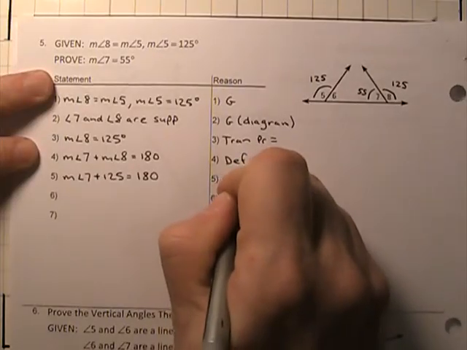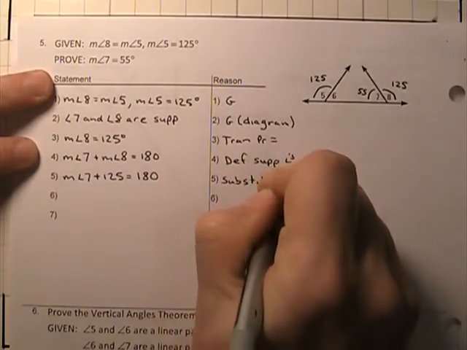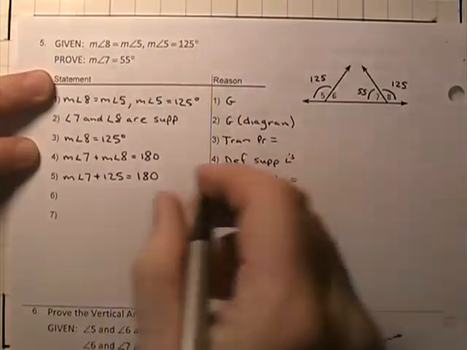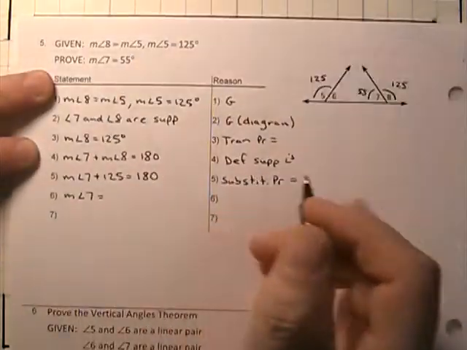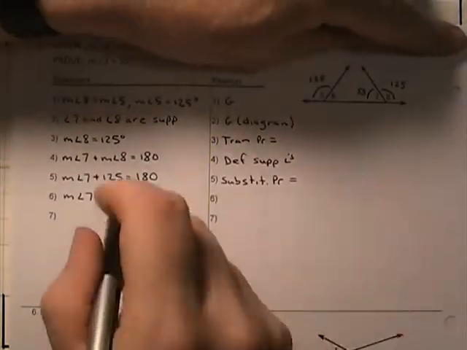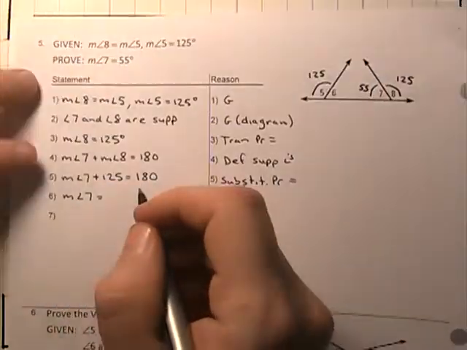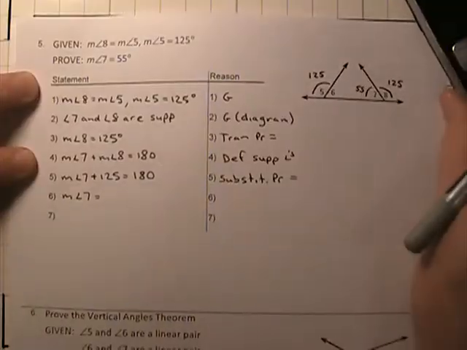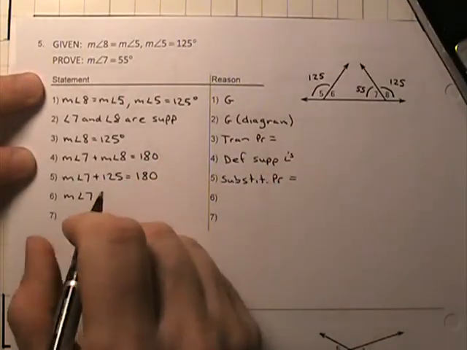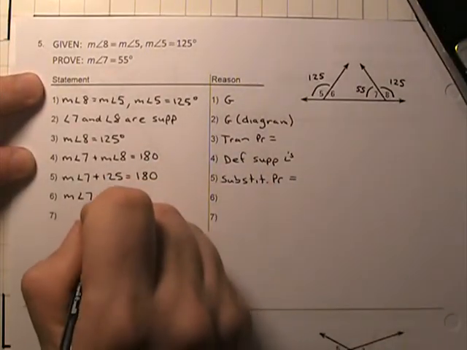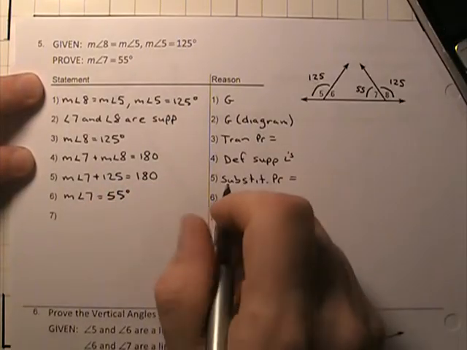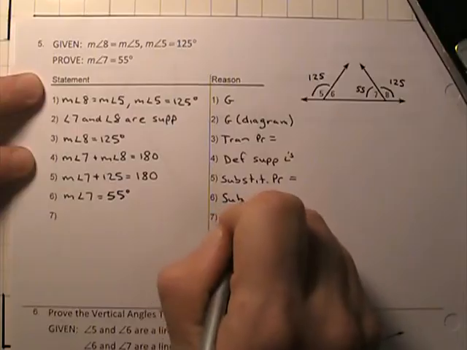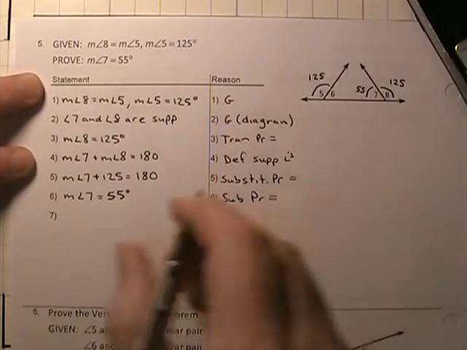And that's the substitution property. Subtract 125 from both sides. So subtracting 125 from both sides, we get 55. And the subtraction property of equality, that's what we wanted to prove.